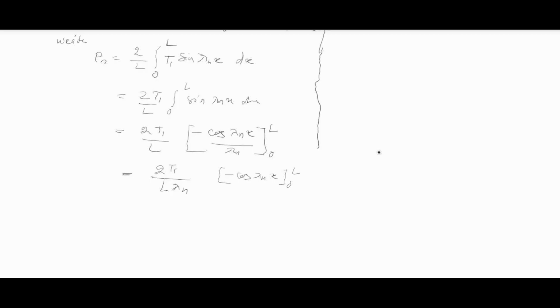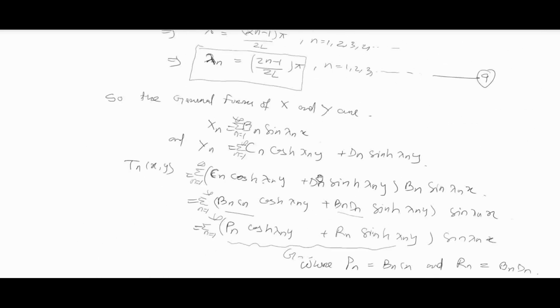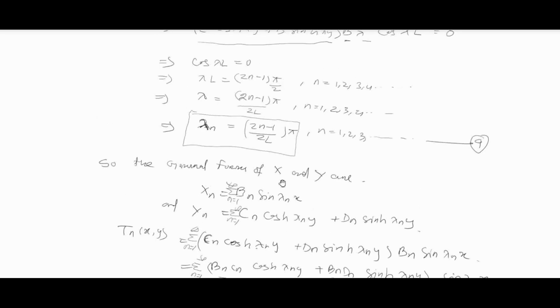So look at this. If we use the upper limit here, lambda n L. Lambda n L means what? See, lambda n value you have obtained. Lambda n L means this one, (2n minus 1) pi by 2. Now cosine of (2n minus 1) pi by 2 will give us 0.